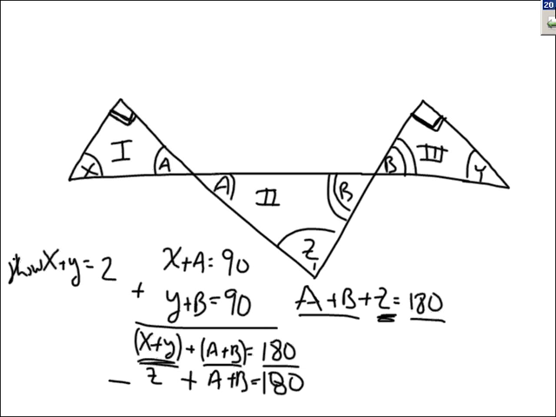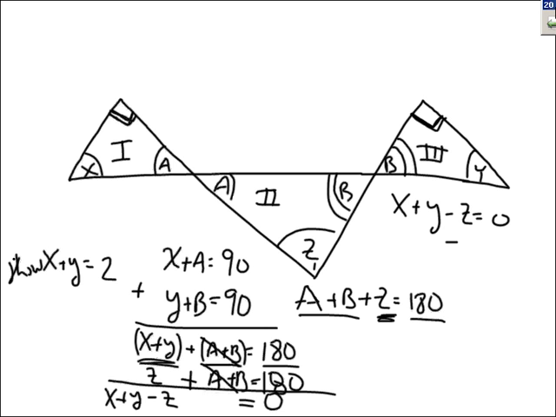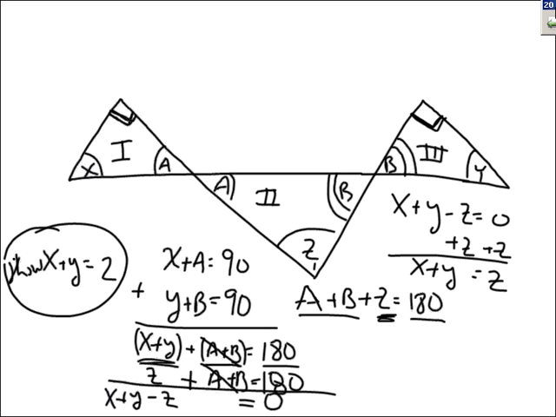If I were to subtract these two equations, I would get x plus y minus z, the a's plus b's cancel out, equals 0. Right here now. If x plus y minus z is 0, I add z to both sides, and I get that x plus y is z. And that's what we were asked to show.